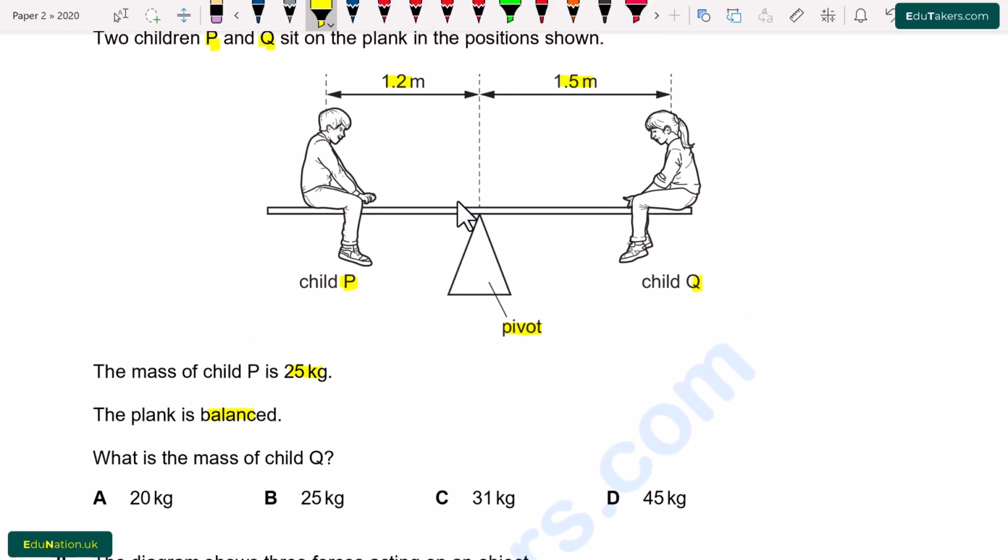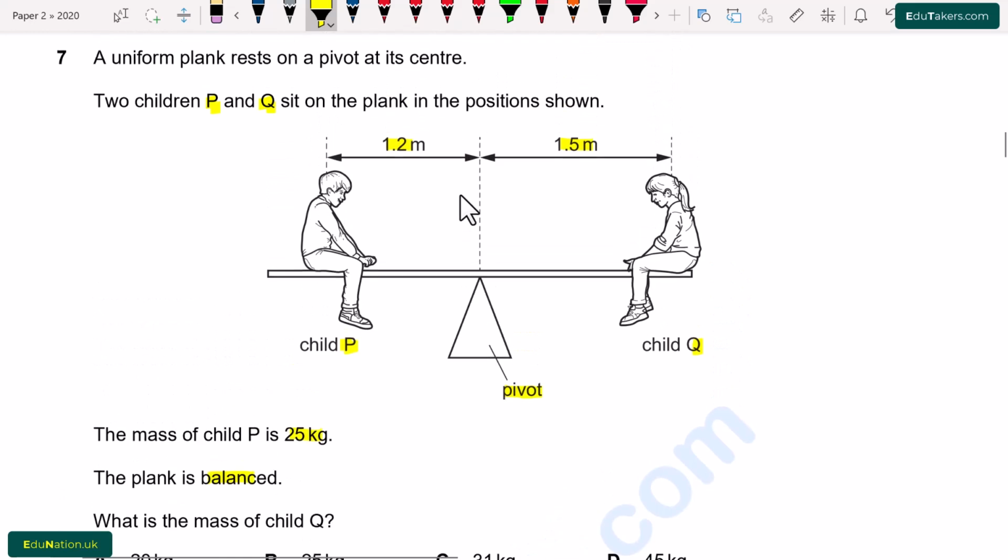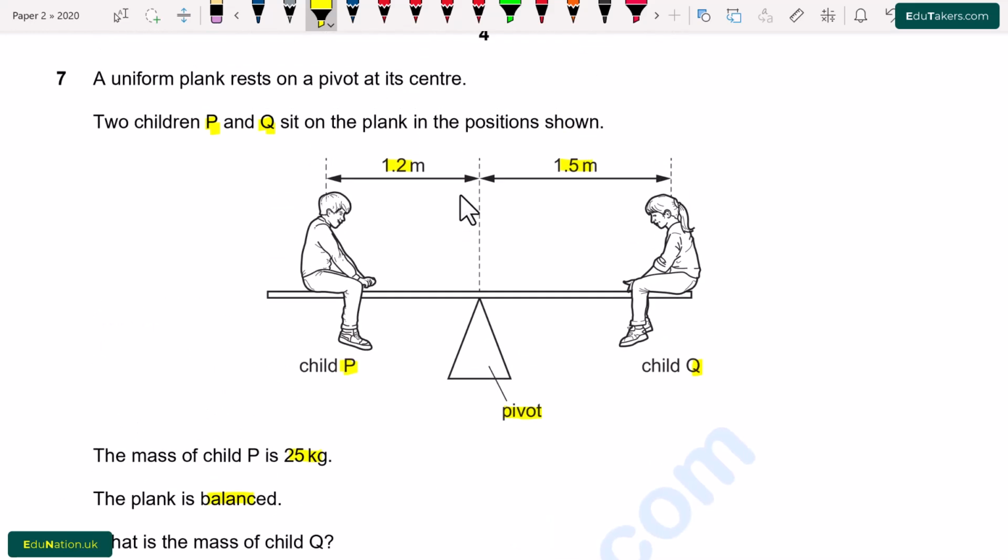So here is basically the concept of conservation of moment, that the moment caused by the child P must be equal to the moment which is caused by the child Q. So moment is basically the product of force and distance. Here force is equal to mass multiplied by g, multiplied by r.